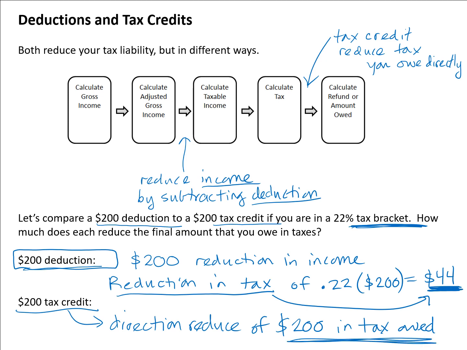So there's a big difference when you think about tax credits and tax deductions. They both reduce your tax burden, but in different ways. So be careful. A $200 tax deduction is not a $200 tax credit. They are not equivalent. You have to think about what the adjustment would be based on your percentage tax bracket if you're dealing with a tax deduction.